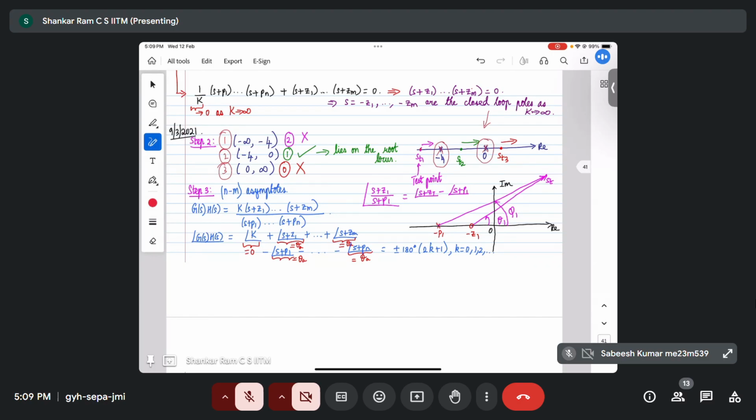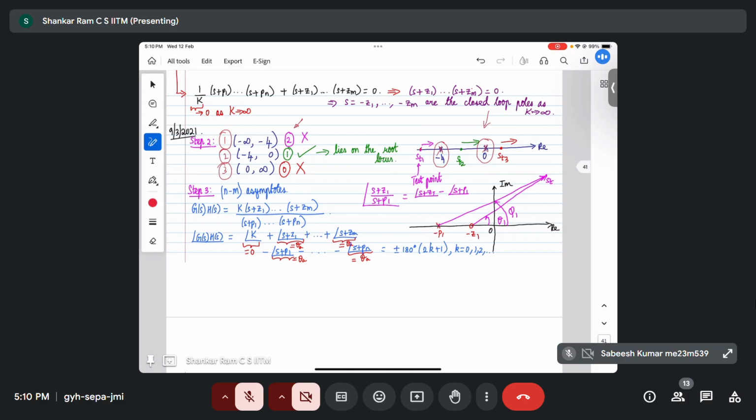So that is 2, and that's an even number. By that criterion, we can conclude that the region -infinity to -4 does not lie on the root locus.